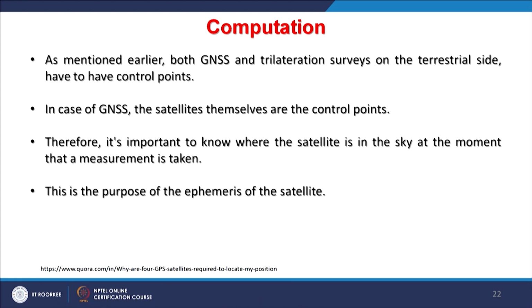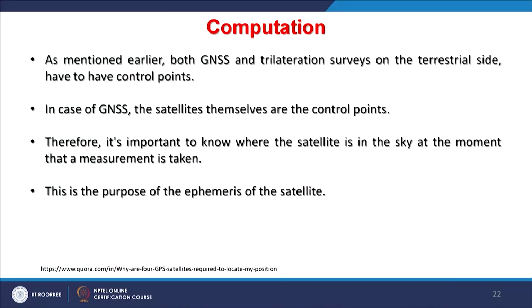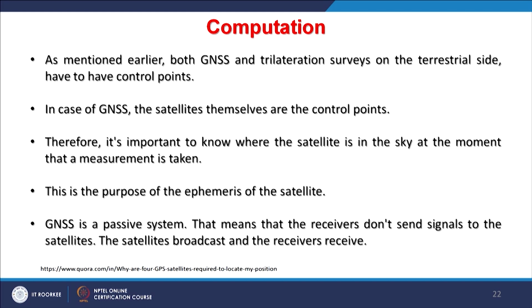So satellite position is equally important, and that is transmitted along with the signal. This is basically the purpose of the ephemeris of the satellites. GNSS is a passive system, basically for the receiver. The controllers, or those who have developed the systems, definitely communicate with the satellite. So for them it is not passive, but for users it is definitely a passive system.